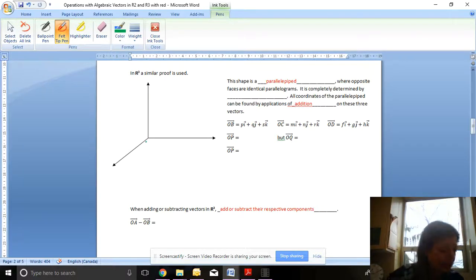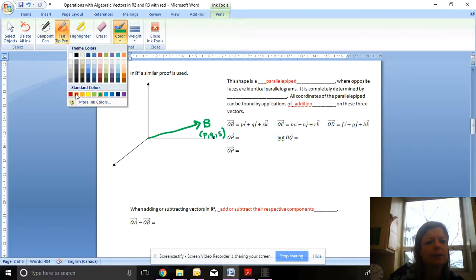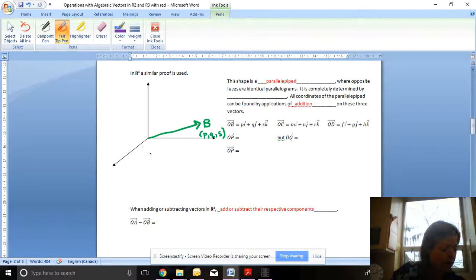Okay, we're going to create three vectors. So OB is going to be here. So here we're talking about vector OB, and we're going to give it the coordinates P, Q, S. And you might want to get another color. Actually, I'll do purple. And we're going to put C kind of over here.